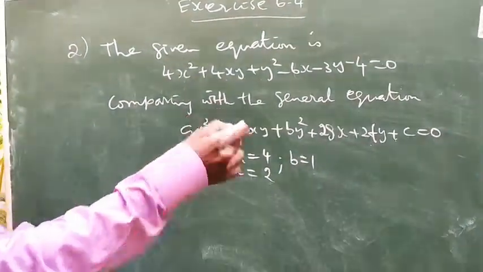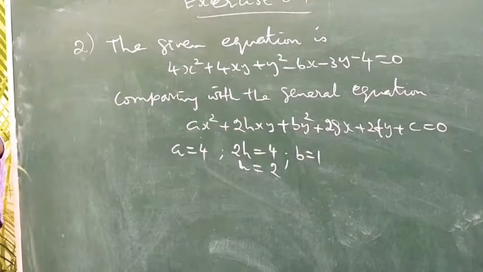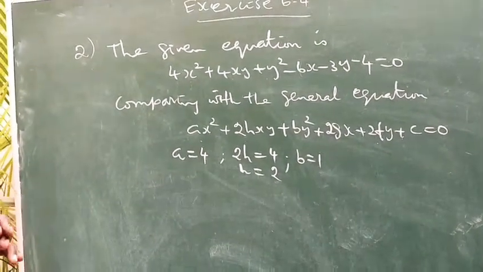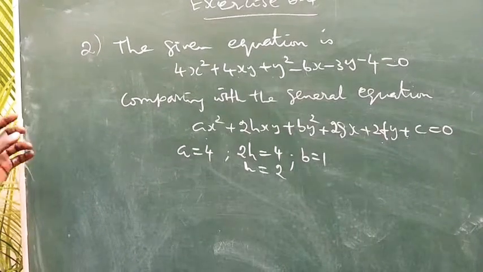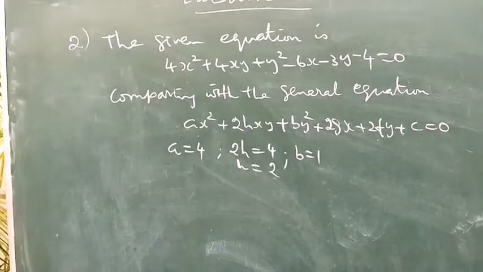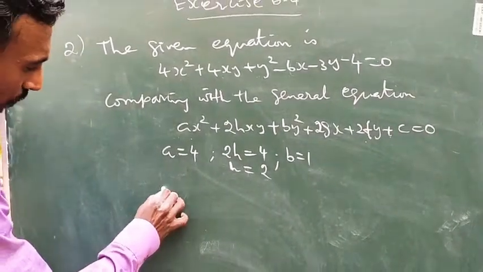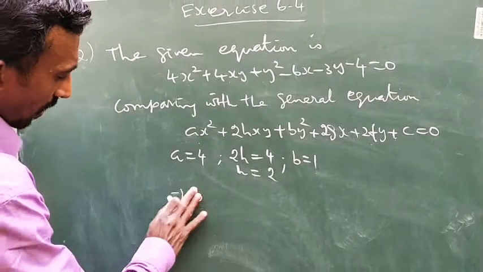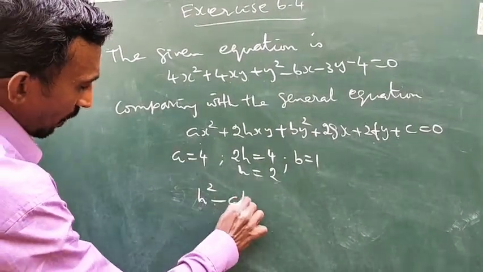I think the other values are not needed for us, because the condition to check the parallel is h square minus ab equal to 0. So here we can check the value of h square minus ab.